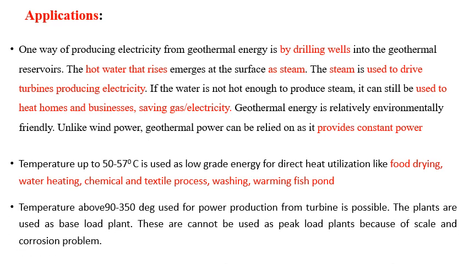The next one, if the temperature is in the range of 90 to 350 degrees centigrade, it is surely in the superheated state, and that steam can be used for power production from the turbine. These plants are used as base load plants. They cannot be used as peak load plants because of the scale and corrosion problem, right?